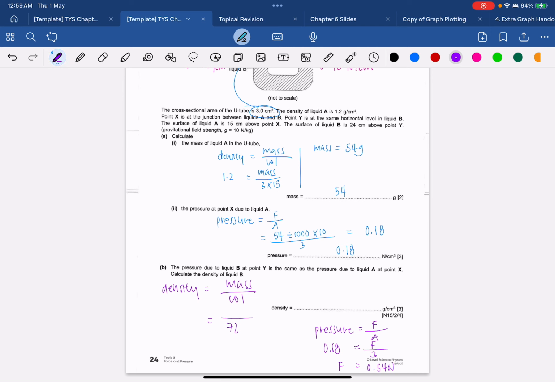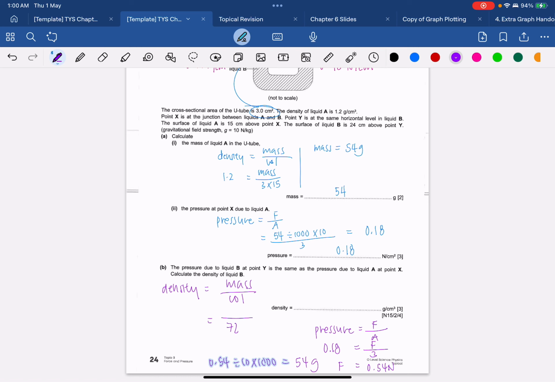I have to convert back to grams. So 0.54 divided by 10 gives me kg, then times 1000 gives me grams. So 0.54 divided by 10 times 1000 gives me 54 g.